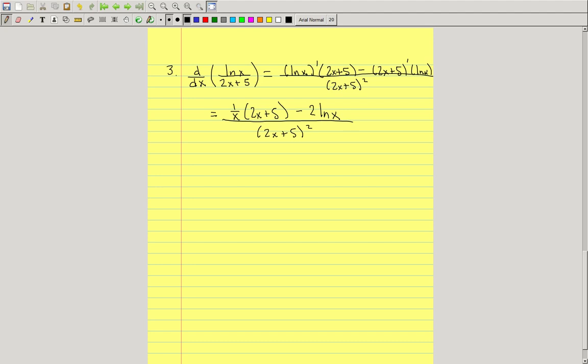Okay? Now, this is already looking like the numerator isn't going to clean up very nicely, but we'll do our best. We're going to have 2 plus 5 divided by x, and then we're going to have minus the natural log of x, all over our denominator of 2x plus 5 quantity squared.